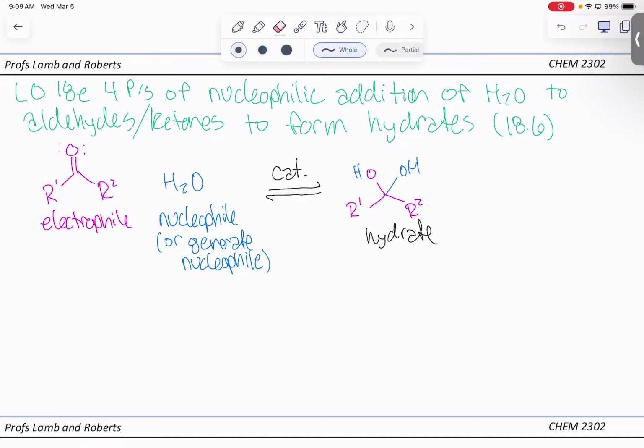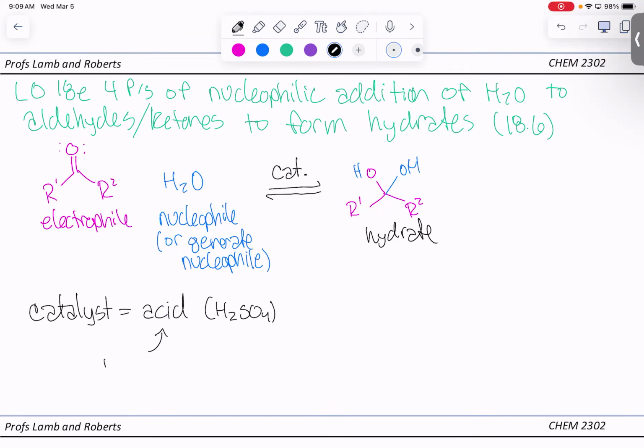All right. When we're thinking about our catalyst, we can do this under multiple types of conditions, basic or acidic. If we use an acid, we can use something like H2SO4 as an example, and this acid is going to increase the electrophilicity of the electrophile. We saw this on Monday, where we were protonating a lone pair on that oxygen, making it more electrophilic.